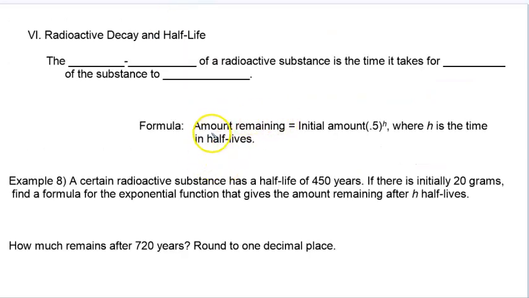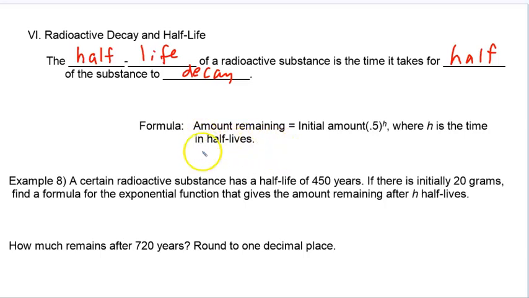Okay, one popular example of exponential decay is half-life, and this occurs a lot with radioactive material. So let's take a look at some specific examples. The half-life of a radioactive substance is the time it takes for half of the substance to decay.